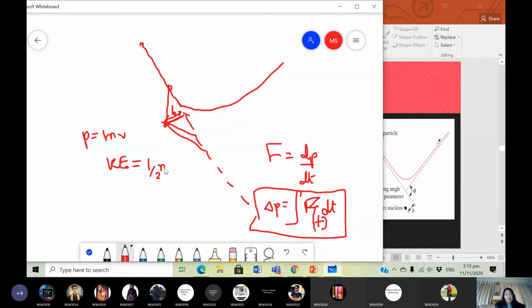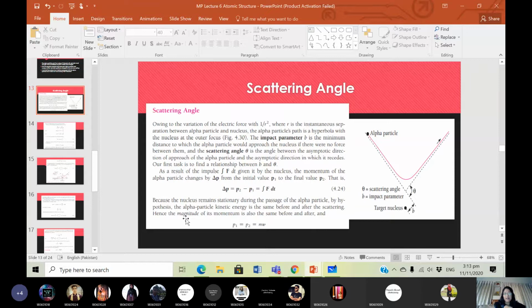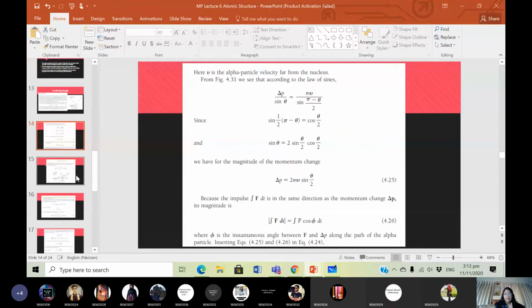So if the kinetic energy is going to remain the same, then the momentum is also going to remain the same. P1 is equal to P2 is equal to mv, okay? So because the nucleus is stationary throughout the passage of the alpha particle, the alpha particle kinetic energy is the same before and after, and hence the momentum is also the same before and after.